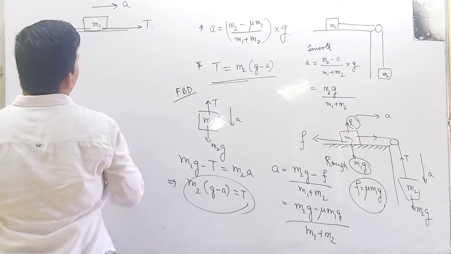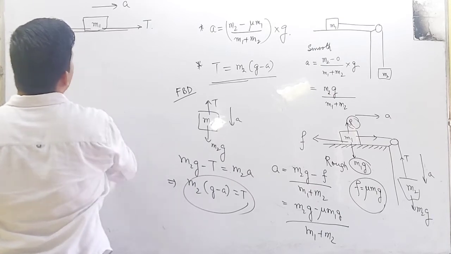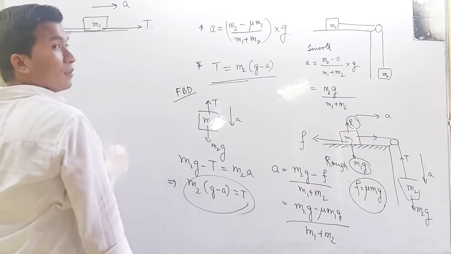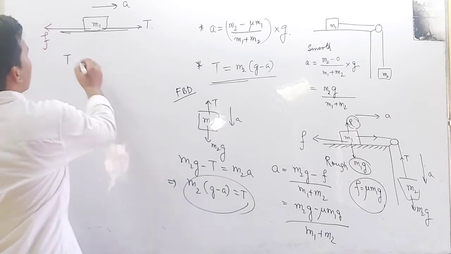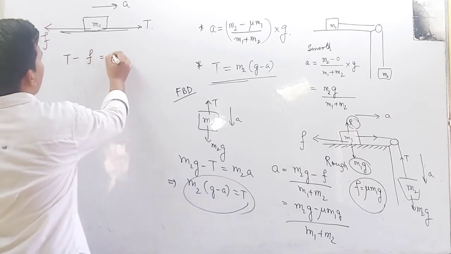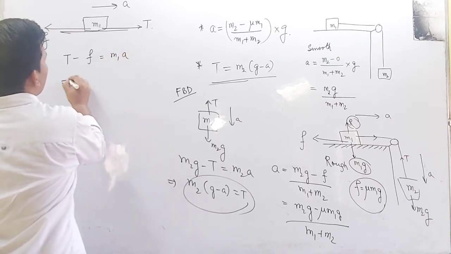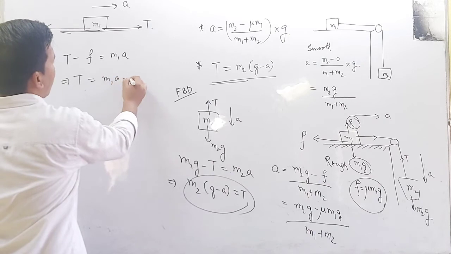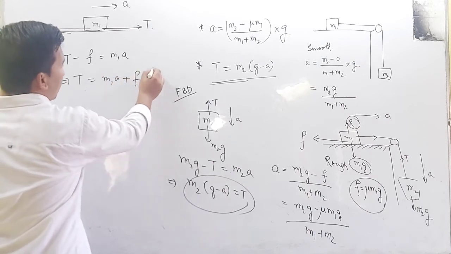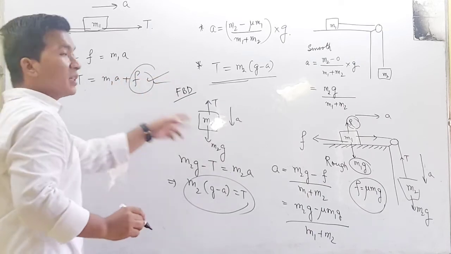Which one will be greater, T or F? T will be greater, so T minus F is equal to M1A, that means tension T is equal to M1A plus F. That means you have to find out the value of F.